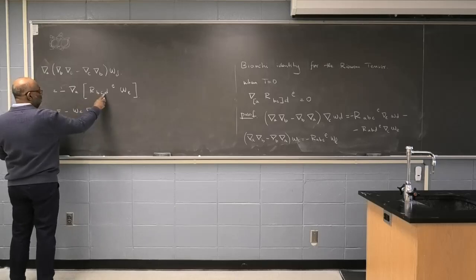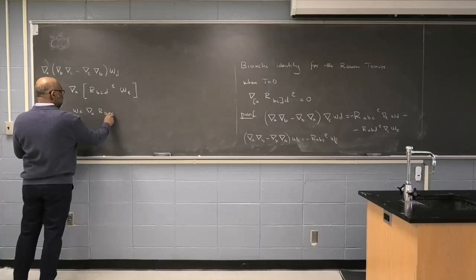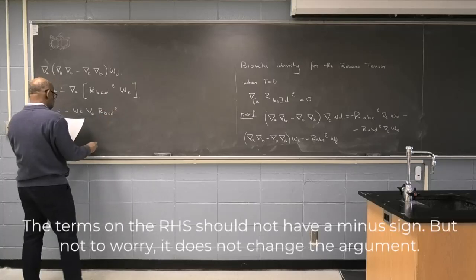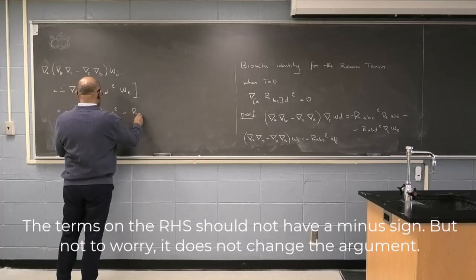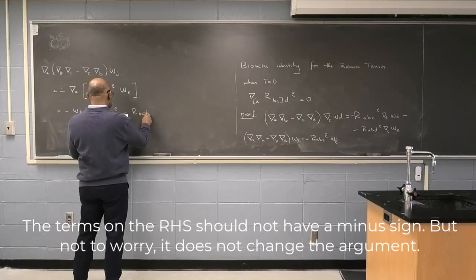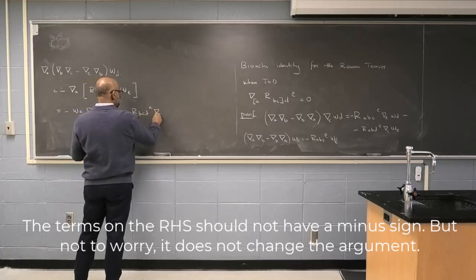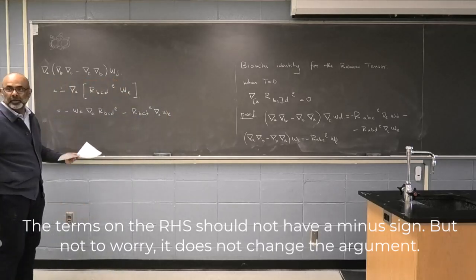First I take the covariant derivative of the Riemann tensor, R, B, C, D, E, minus R, B, C, D, E, A, W, E. And just use the product.